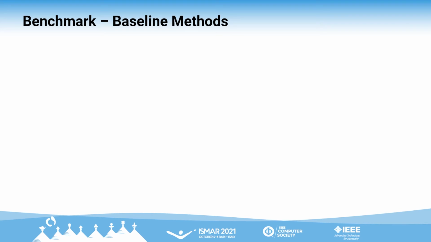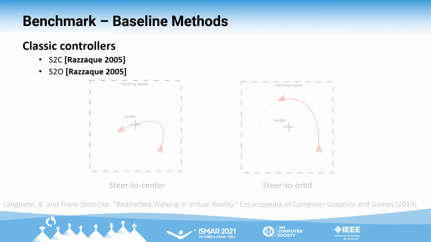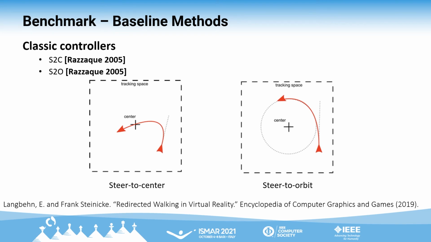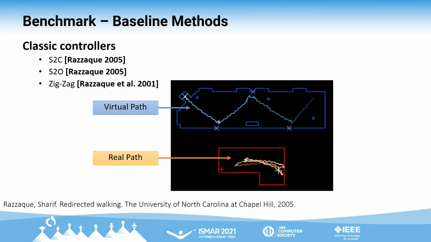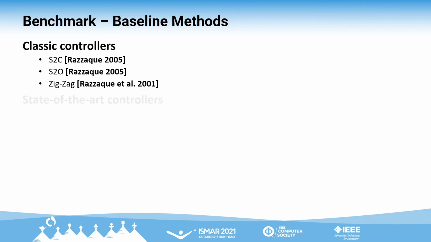Currently, this benchmark integrated 10 RDW controllers. The methods S2C and S2O represent the classic reactive controllers. Zigzag represents the classic predictive controller, which can fold a sawtooth-shaped virtual path into a back and forth pattern.